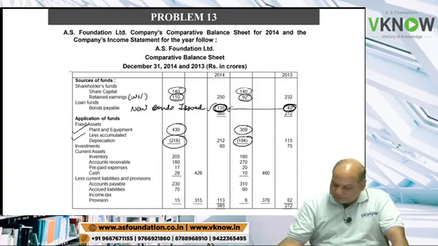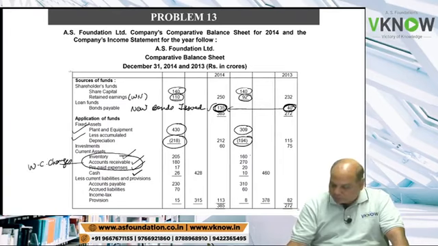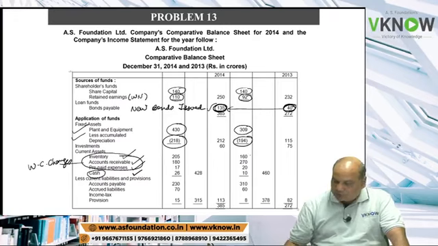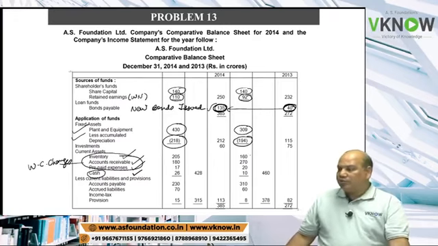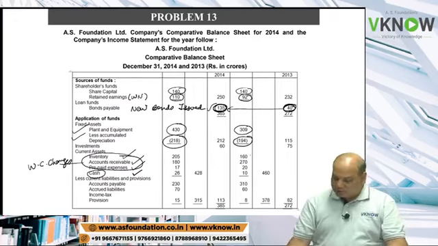Current asset, then in current asset: inventory, debtor, prepaid expense, cash. The first three items will go to working capital changes. Cash will go to cash and cash equivalent at the beginning and at the end.